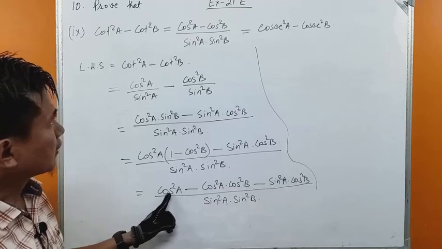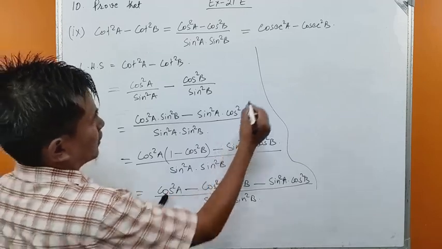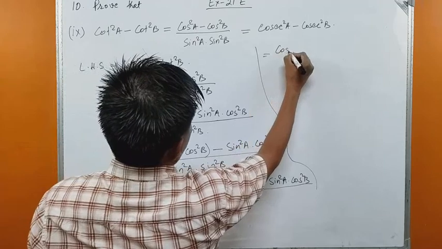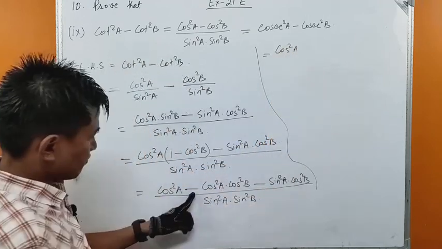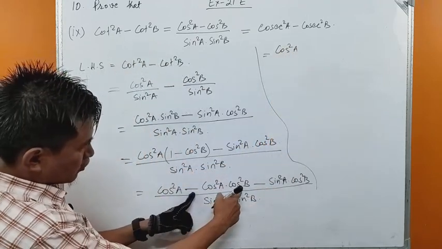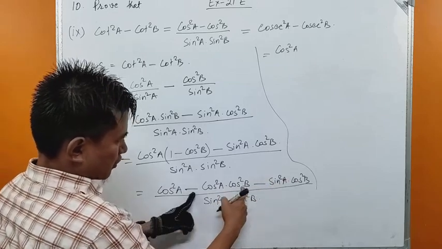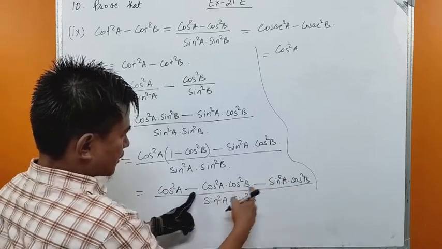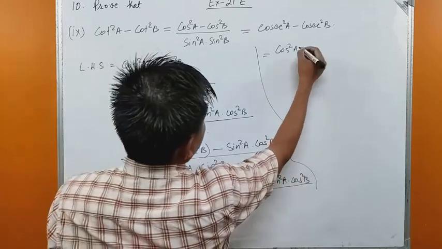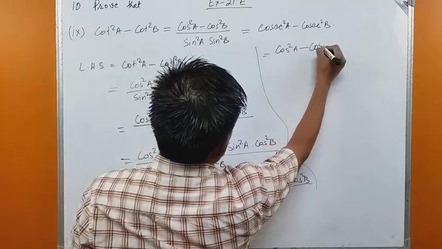I write this cos square a as it is, cos square a, this equals cos square a minus... here you can see cos square b, here also you can see cos square b, isn't it? So let's take cos square b common, minus cos square b common.